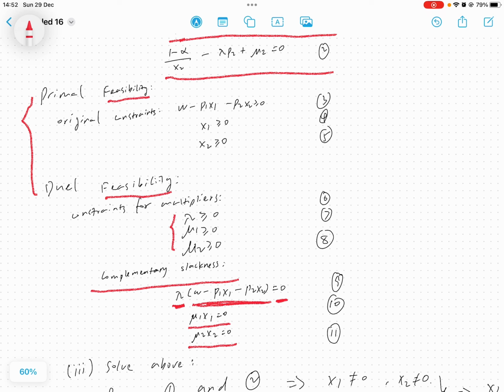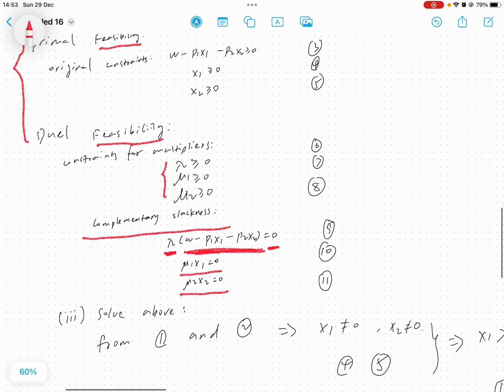So in brief, the underlying intuition of complementary slackness is that if we have this lambda times this constraint part to be 0, we can either have the lambda be 0 or this part be 0, or both could be 0, but it cannot happen that neither is. So we simply have those possibilities, and those will be useful later to solve those systems of equations and inequalities.